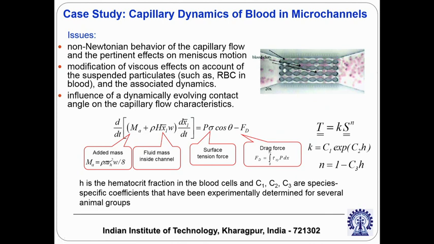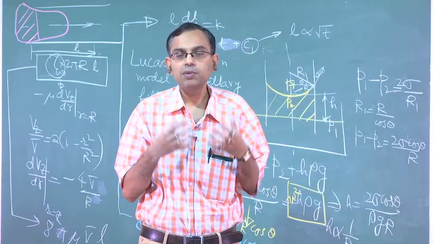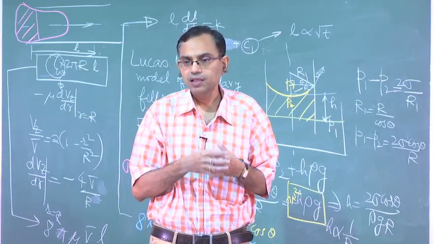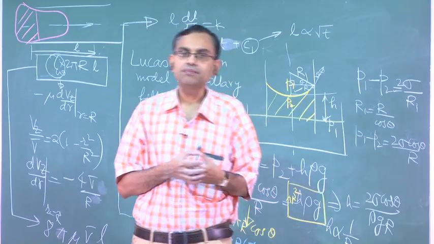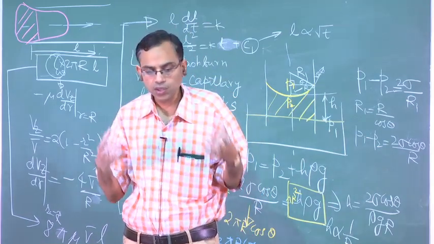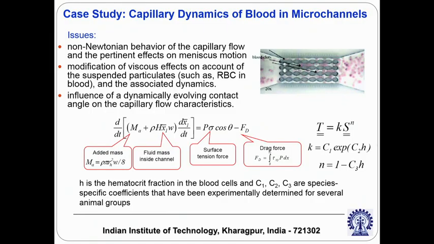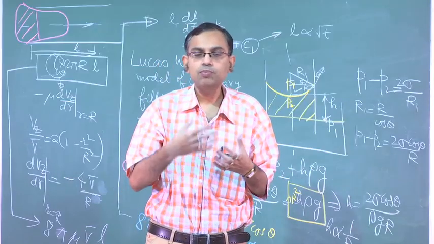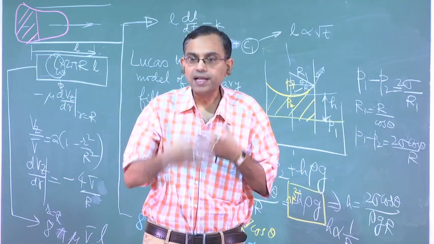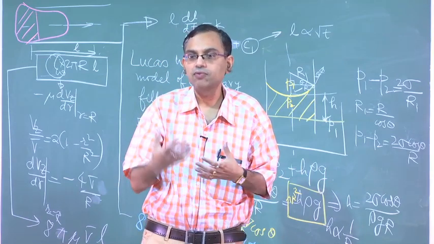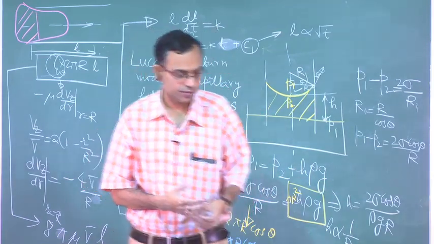Hematocrit is the volume fraction of the red blood cells, or the packed cell volume. It is a very important hematological parameter, commonly used even to monitor certain diseases. For example, after dengue fever, people start monitoring not just the platelet count, but also the packed cell volume, or the hematocrit.